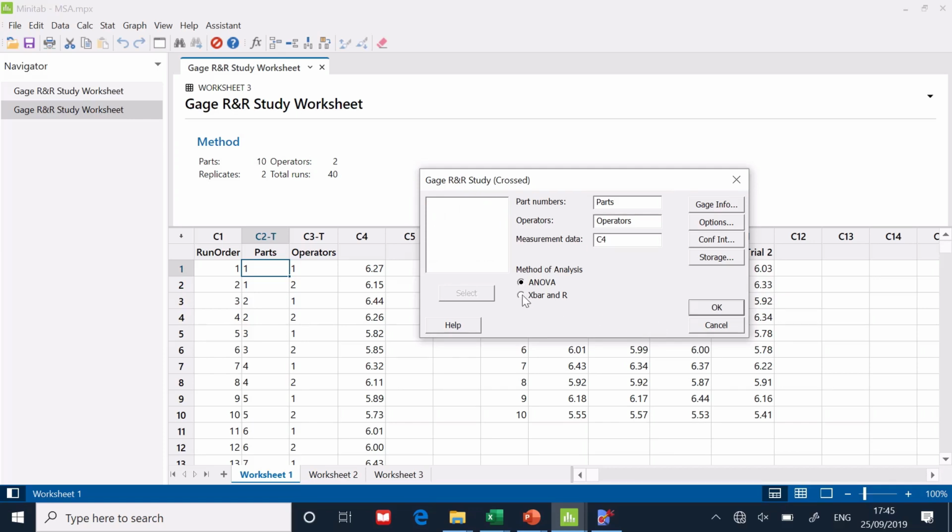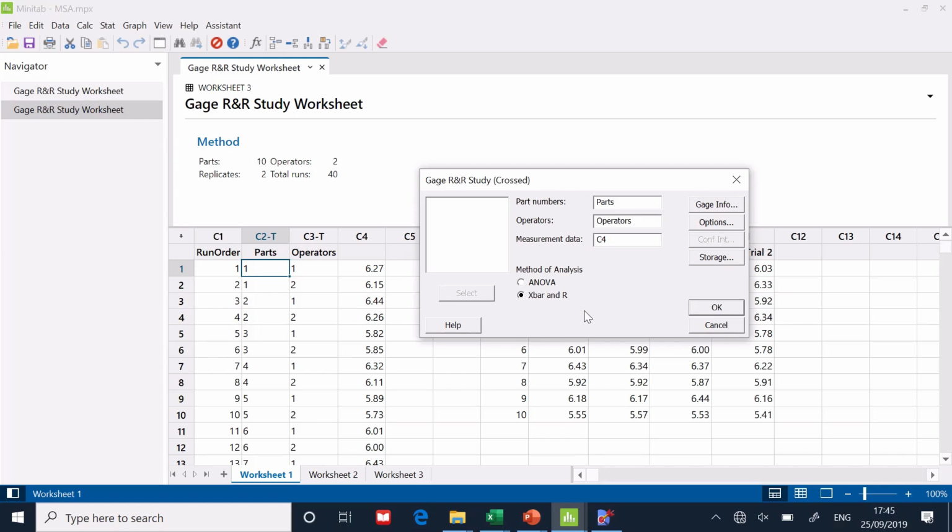Now you'll notice, look, there are 2 methods, X bar R and ANOVA. ANOVA is recognized as the best analytical method. It comes up with a better estimate of the variability. However, when would you use X bar R? If you don't have 2 measurement systems.